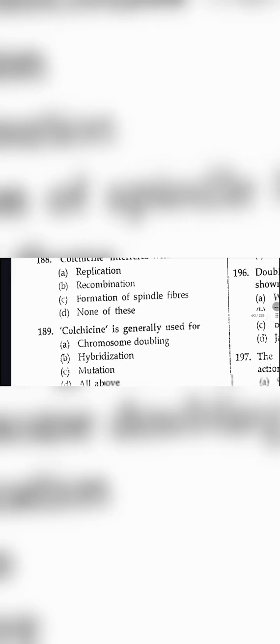Question number 188. Colchicine interferes with the formation of spindle fibers. Question number 189. Colchicine is generally used for option A, chromosome doubling.